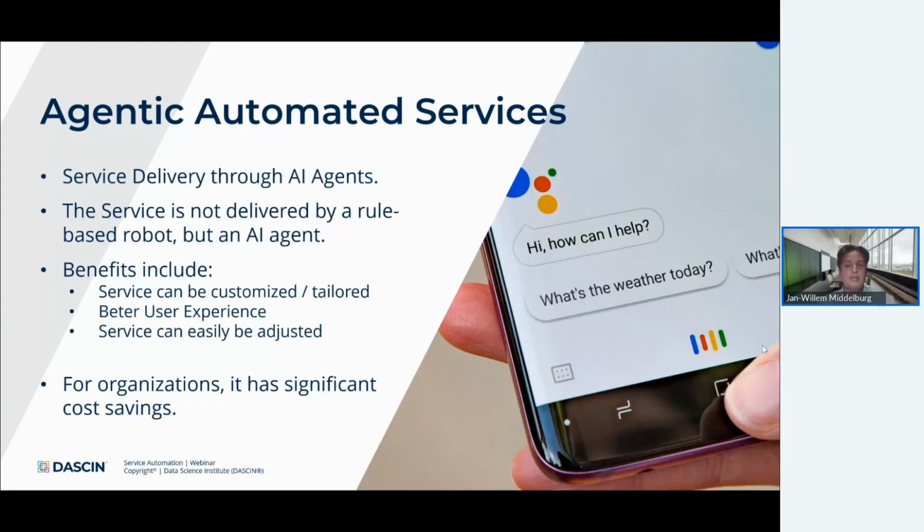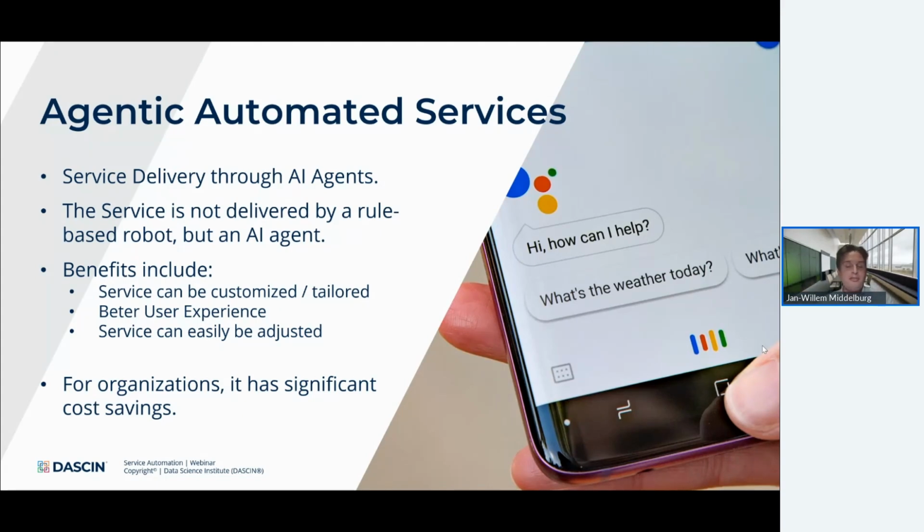Now, let's summarize a little bit on what we've talked about so far. The key term that I really want you to take away is agentic automated services. So it is services delivered by not just an RPA or a bot, but by an agent. And with agentic automated services, we mean automated service delivery through AI agents.